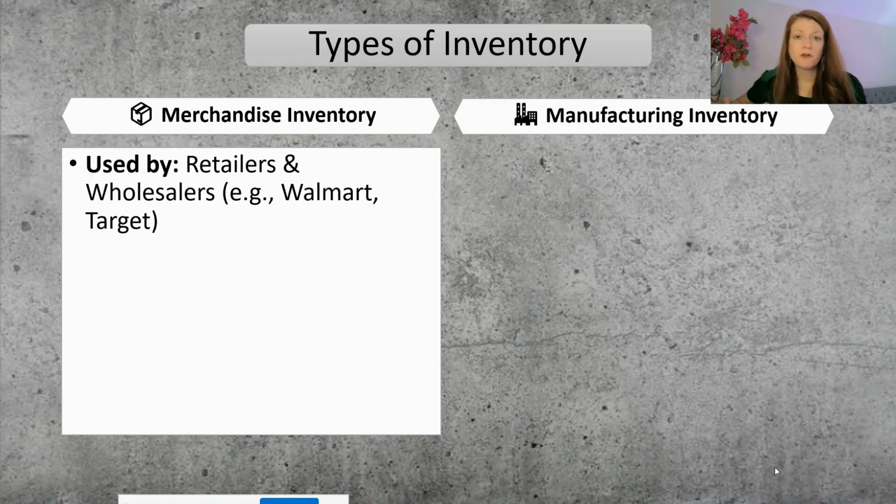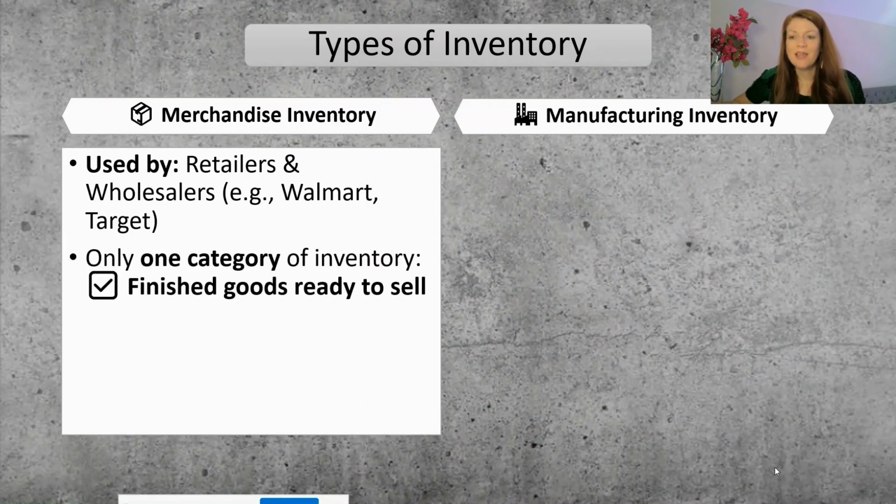They do have some of their own items, of course, but for the most part, they're a retailer bringing in all these different brands of makeup and soap and chocolate and all these different things, and then they sell them to you. So that is the retailer, that's the merchandiser. They're not the ones putting the product together. So the only category they have is finished goods that are ready to sell.